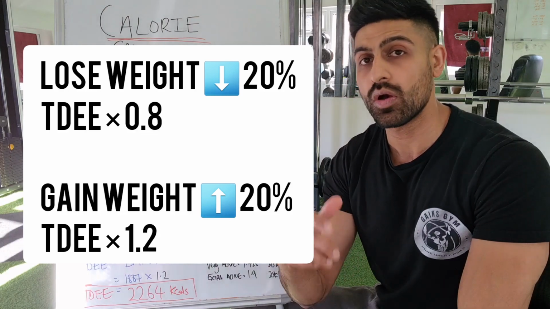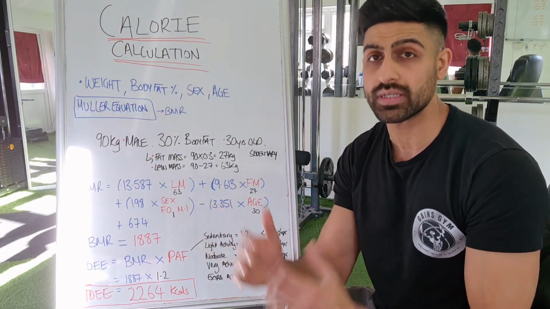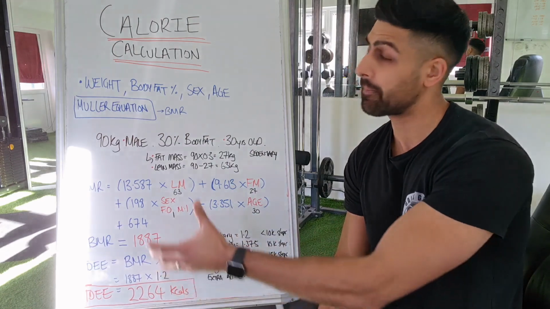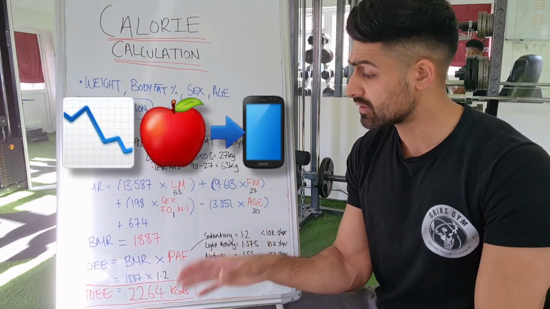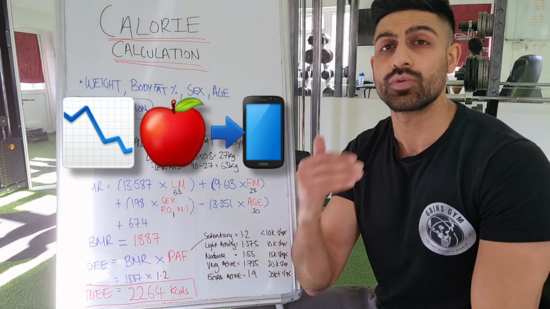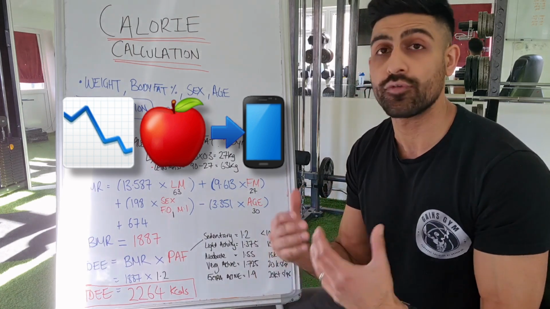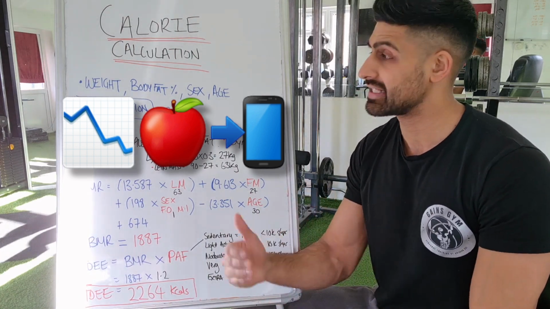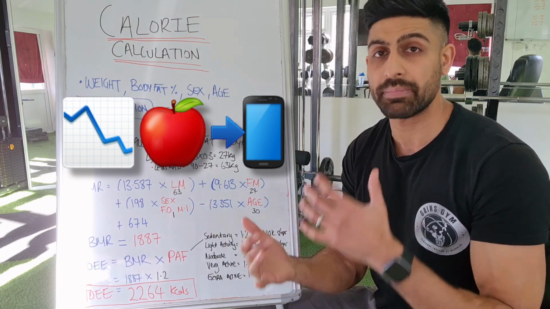Now you can be more aggressive with your cut or your bulk, but this is going to be your starting point. Once you figure these calories out and your deficit or your surplus, you're going to want to start tracking your food and making sure you're eating these calories, and then monitor your results. What's happening to your weight?